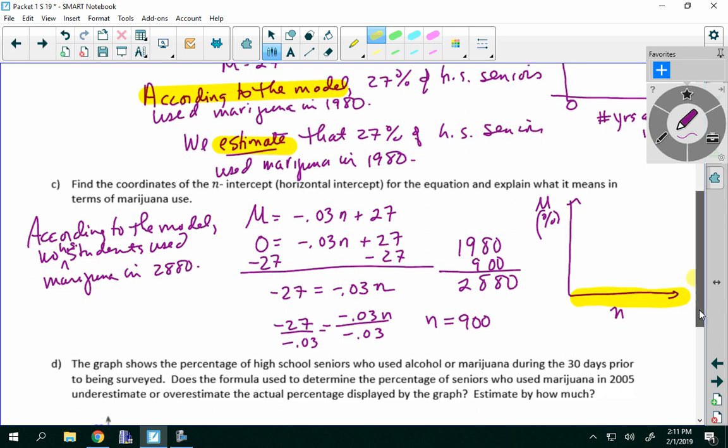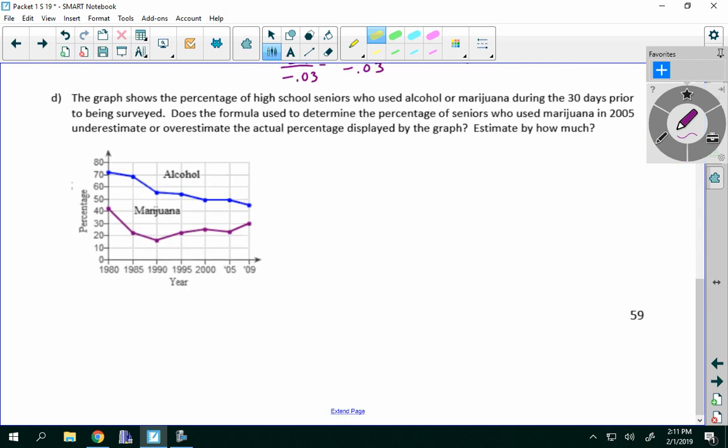Okay, now let's actually take a look at a graph with the actual data. So the graph below shows the percentage of high school seniors who used marijuana or alcohol during the 30 days prior to being surveyed. Does the formula used to determine the percentage of seniors who used marijuana in 2005 underestimate or overestimate the actual percentage displayed by the graph?